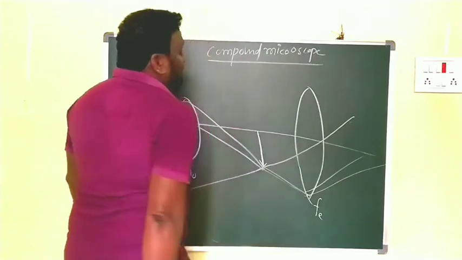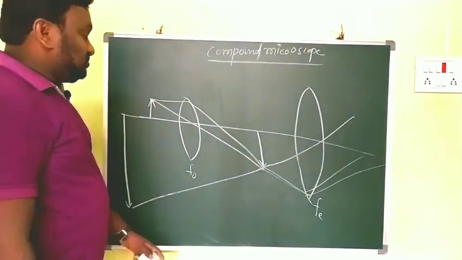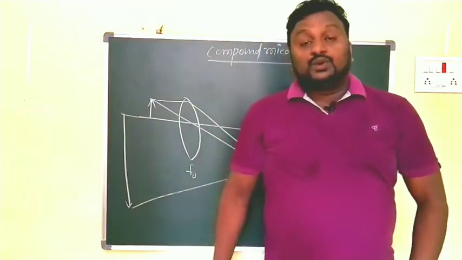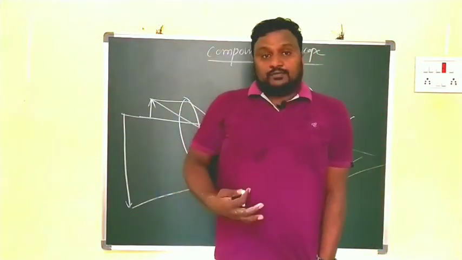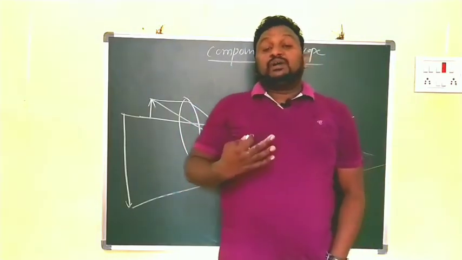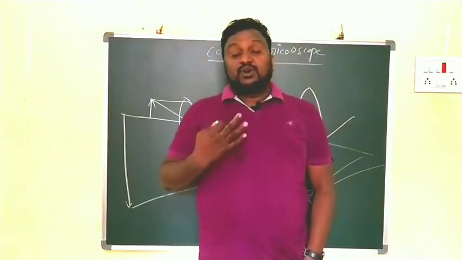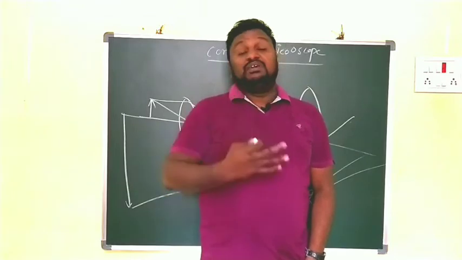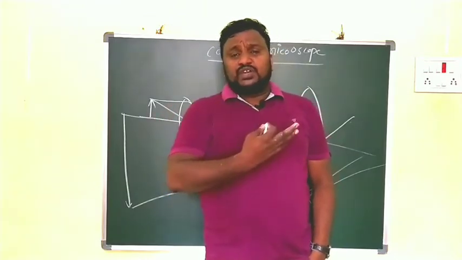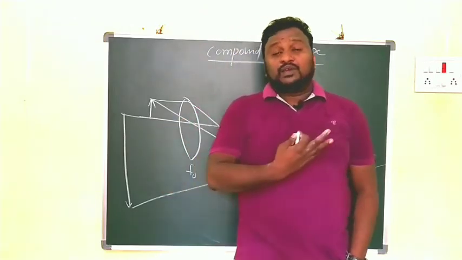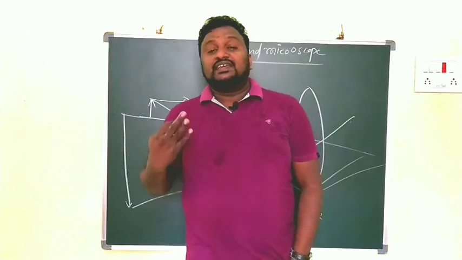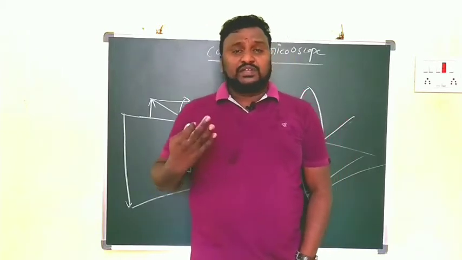The schematic diagram of the compound microscope should be like this. To increase the magnifying power we are using the compound microscope. By using it we can see very small point objects in very big size. We can use compound microscopes in many areas, in laboratories, and in hospitals for diagnostic purposes. At so many places we are using it.